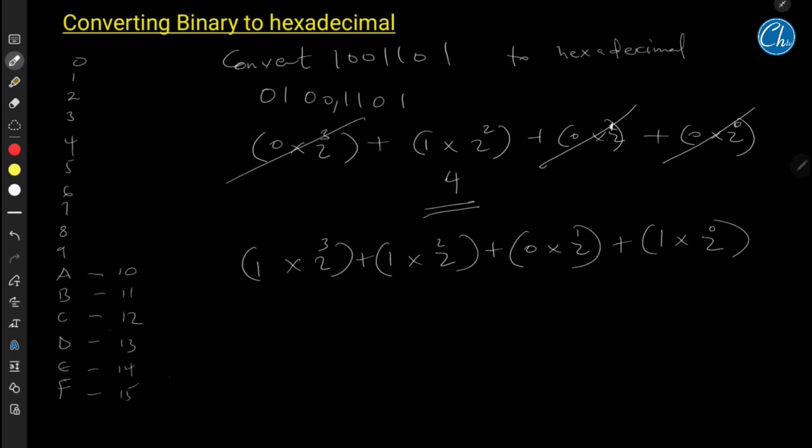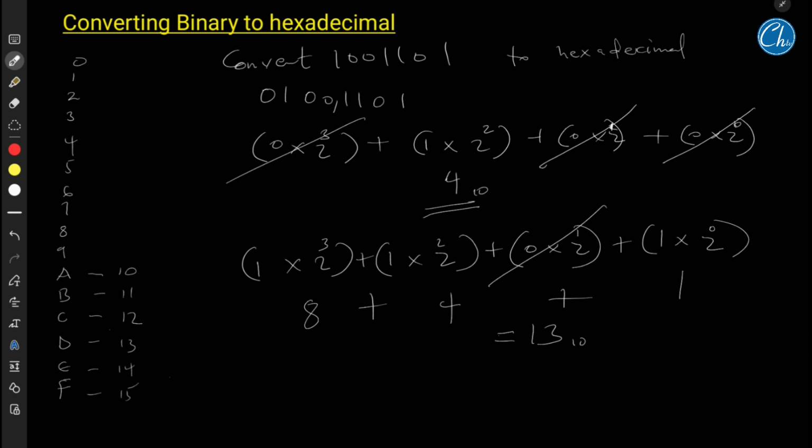Now the ones multiplying 0, you cross it out because it will amount to 0. Now 2 raised to the power 0 is 1, 1, 1, 1. 2 raised to the power 2 is 4, 4, 1, 4. 2 raised to the power 3 is 8, 8, 1, 8. Now we add all of them, we are going to get exactly 13, right? Now this is in base 10, take note of that.